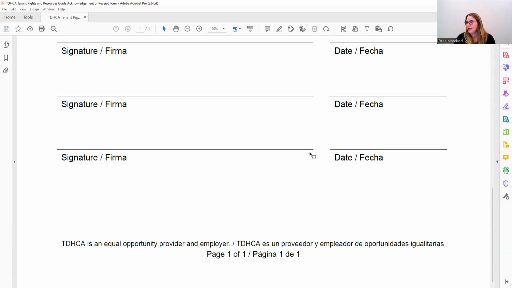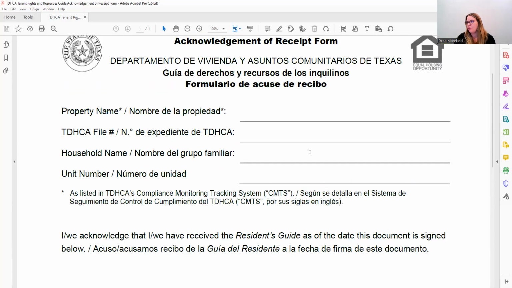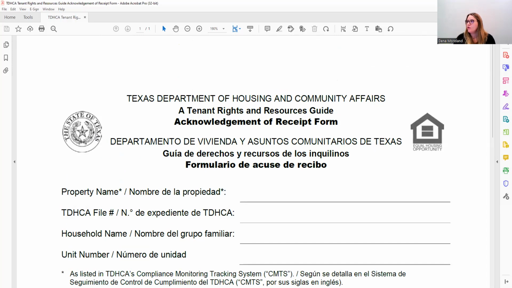This form came out several years ago in both languages. So they'll get that. You should also ask them if they would like a hard copy of this handout as well. And this one is 7 pages. So if people would like a handout, we also are asking that you print it 2-sided.